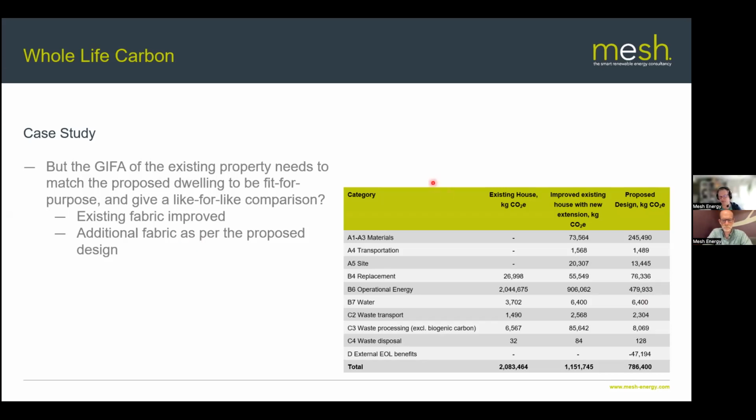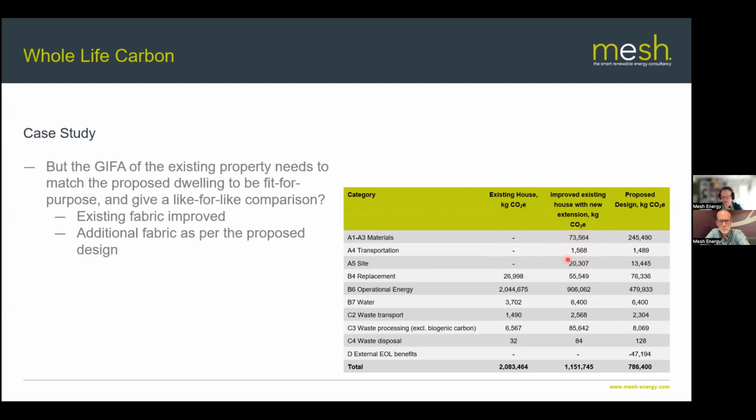So you can see from the breakdown of the figures, we've got no material accounting for the existing house. Like I said, all the materials are on site, but the improved existing now includes the materials required to bring the existing fabric up to standard, and also the material requirements of increasing the gross internal floor area.